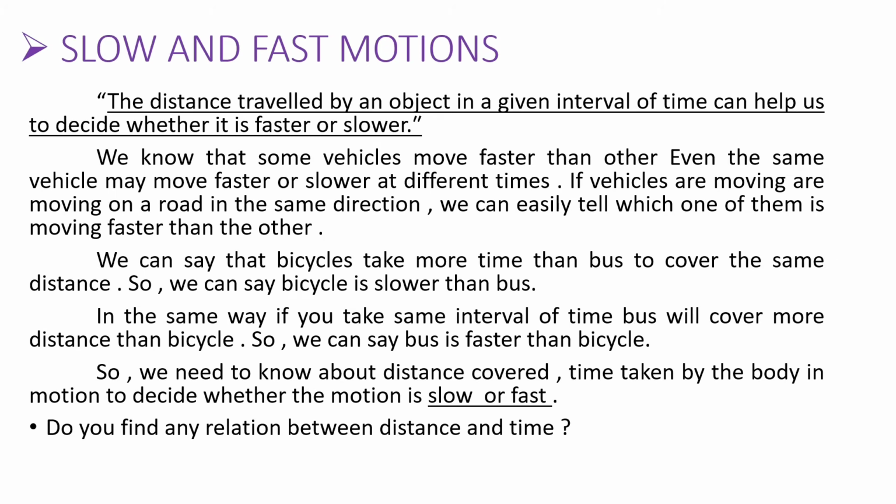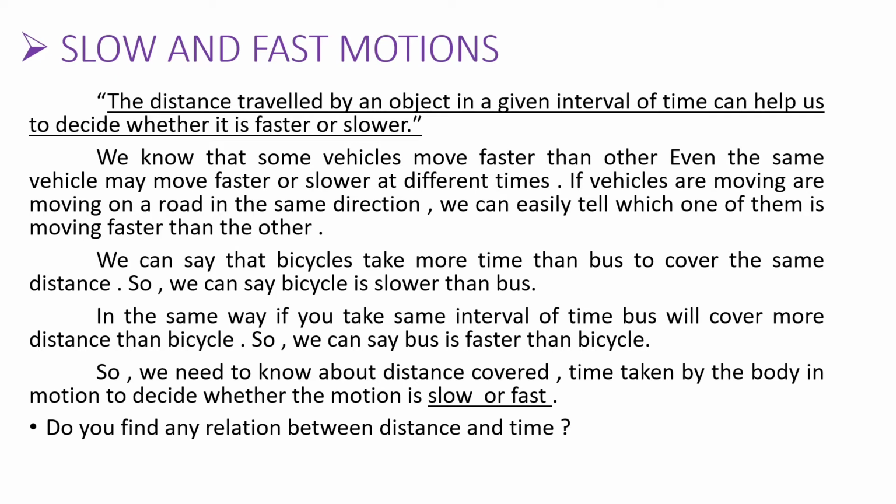5.7 Slow and fast motion. The distance travelled by an object in a given interval of time can help us to decide whether it is faster or slower.